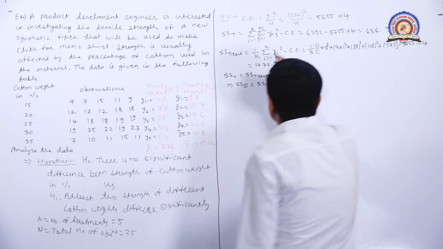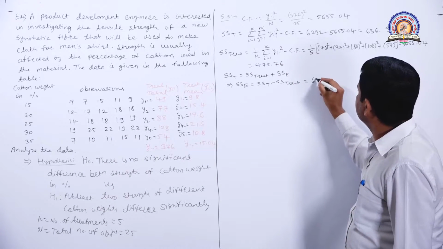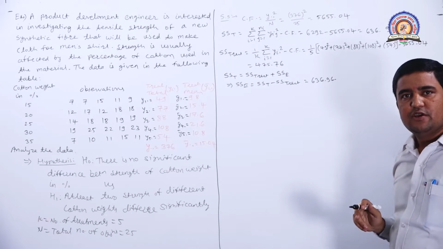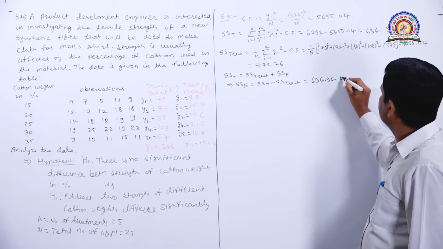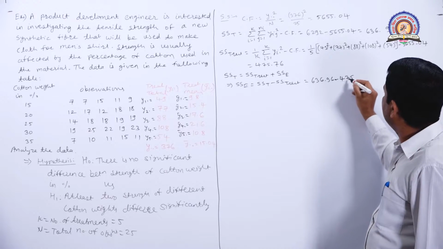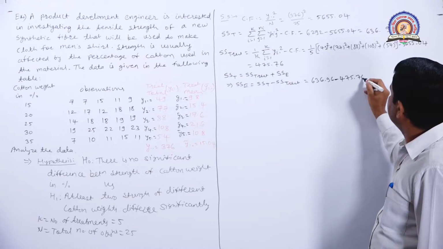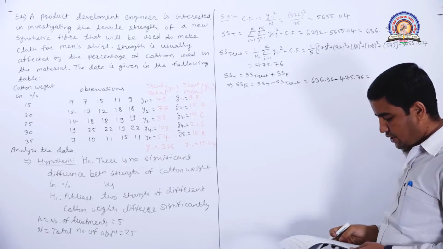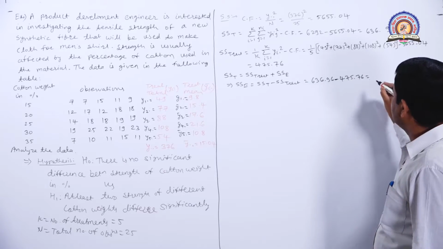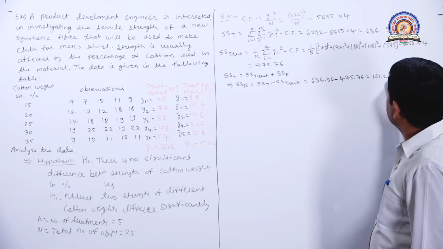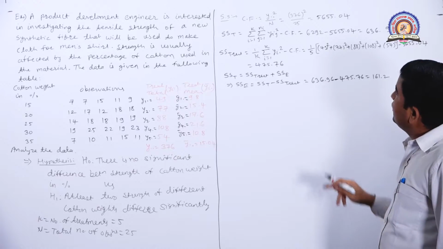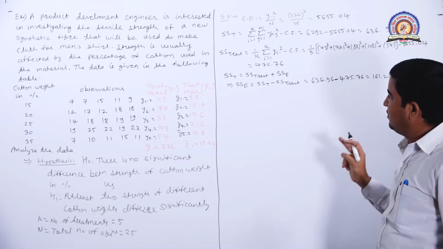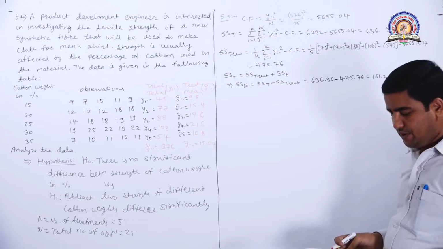Now, SST is 636.96 minus SS treatment 475.76, and after subtracting you will get the value of SSE as 161. So we obtained SST, total sum of squares, treatment sum of squares, and sum of squares due to error.